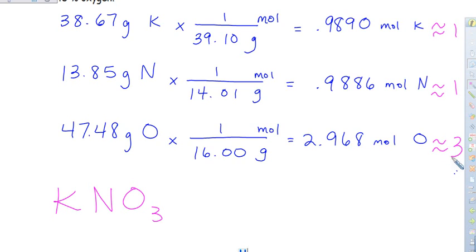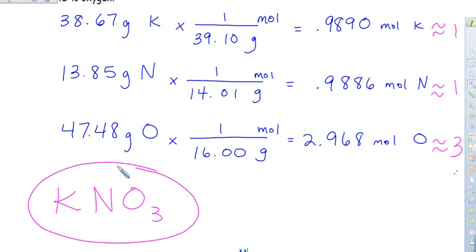And that's what we're looking for, this whole number ratio of moles, which is a unit that represents a quantity of particles. That mole ratio then is the ratio of atoms in your formula. There should be 3 times as many oxygen atoms as nitrogen and potassium. This is potassium nitrate.